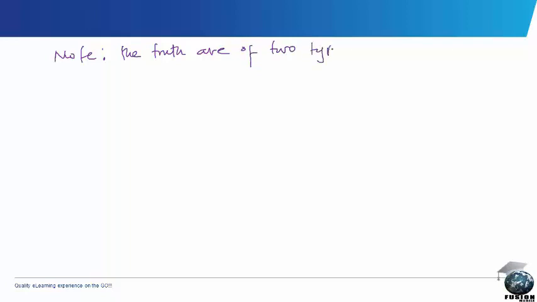It is either true, represented with T, or false, represented with F. There is nothing like not true, not false, so it is either true or false.